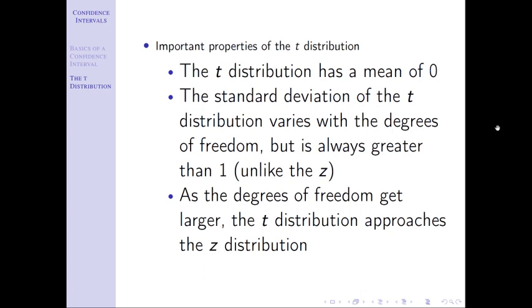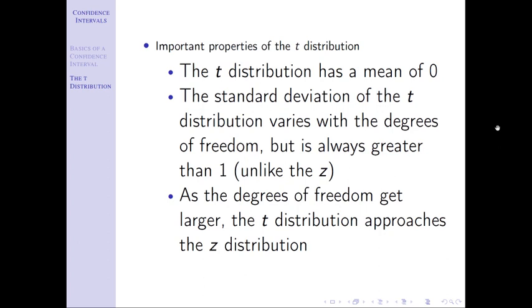Now, as a side note, depending on where you might have seen statistics before, this is the reason that sometimes teachers will say, if my sample size is large enough, we can just use the z-distribution. That's not what we want to do. We want to use the t-distribution because it is technically accurate. So if you've seen that before, it's totally okay to understand this concept, but actually using the z as a shortcut is not something that is recommended.